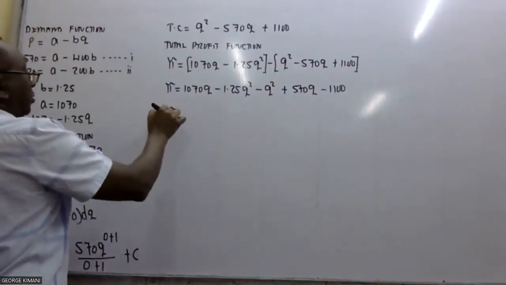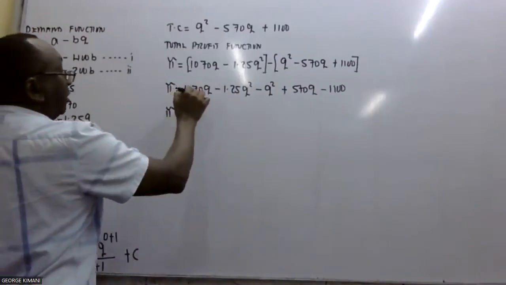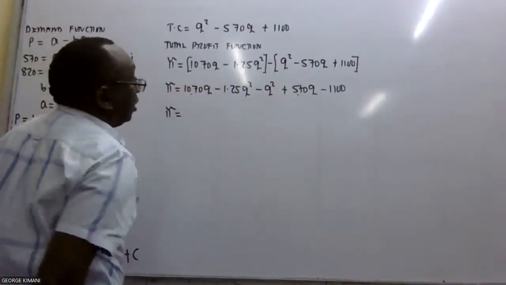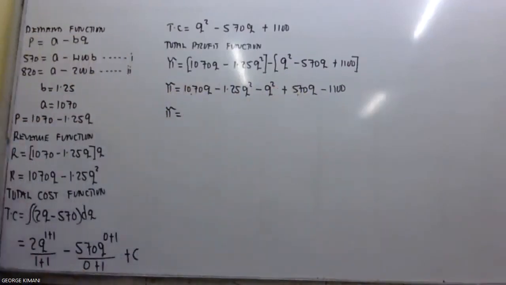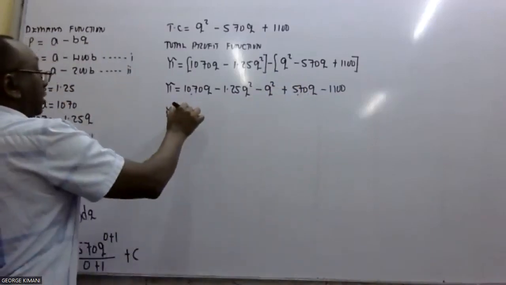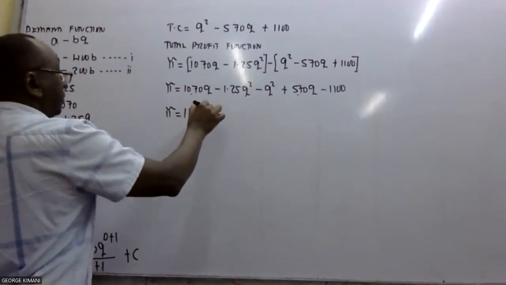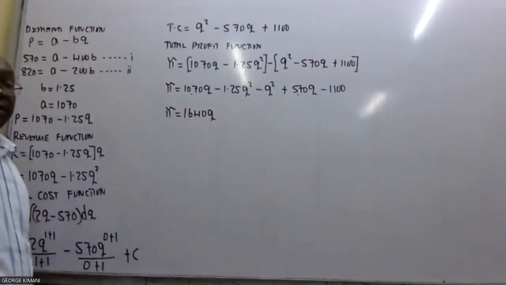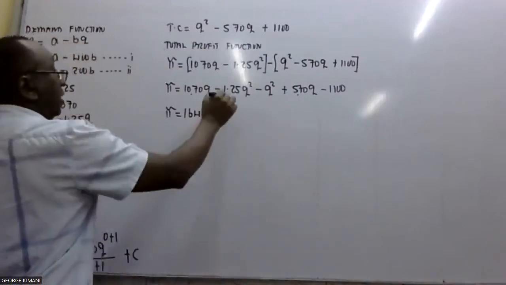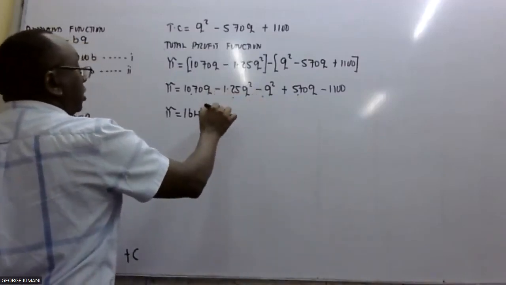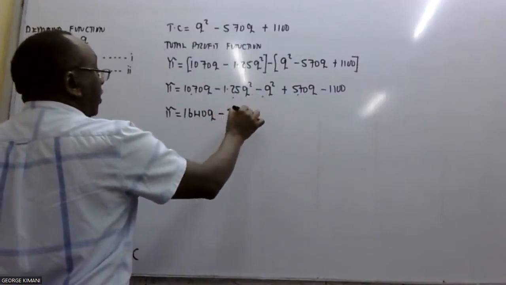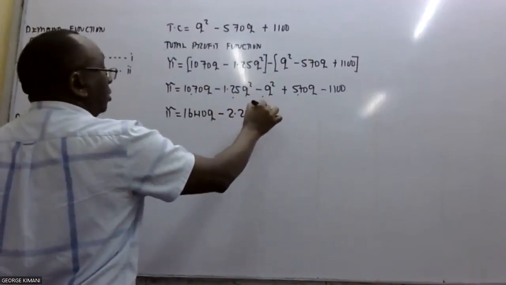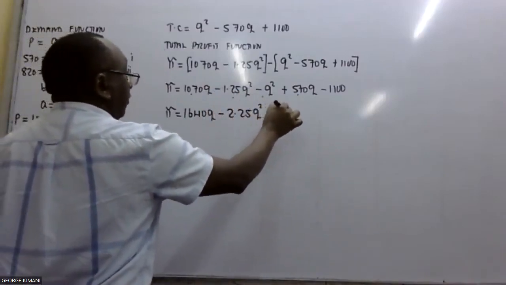Putting like terms together, we join 1070 and 570 to get 1640. Then these two join so that you are left with minus 2.25Q squared minus 1100.